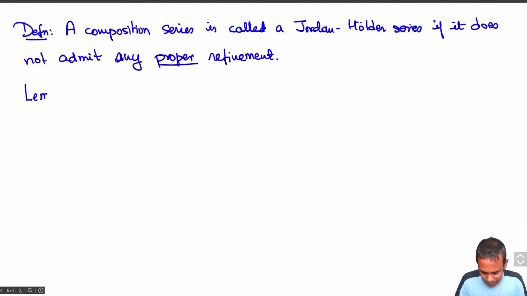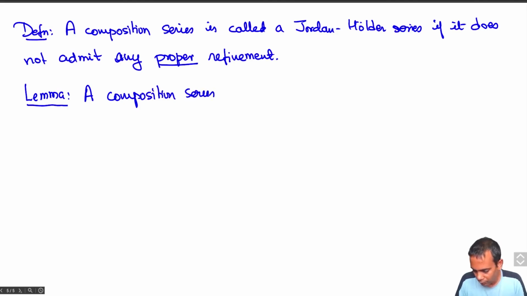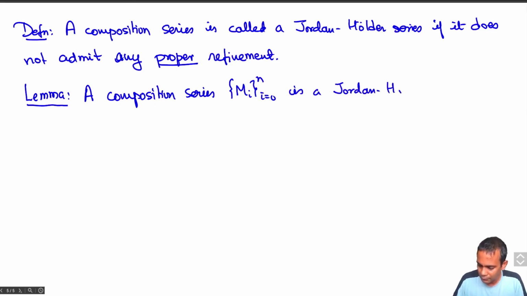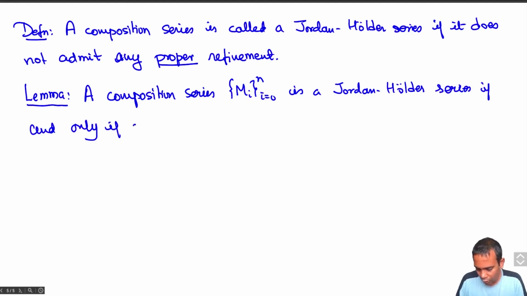So that's a simple lemma: a composition series M_i, i goes from 0 to n, is a Jordan-Holder series if and only if all its quotients are simple.